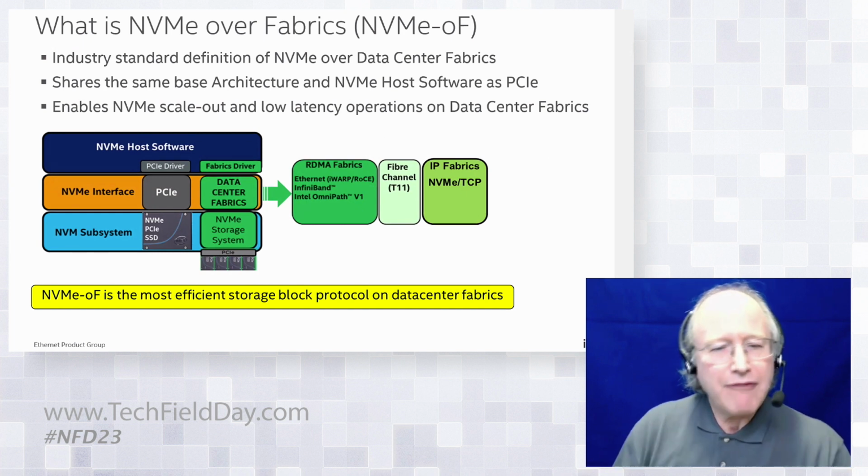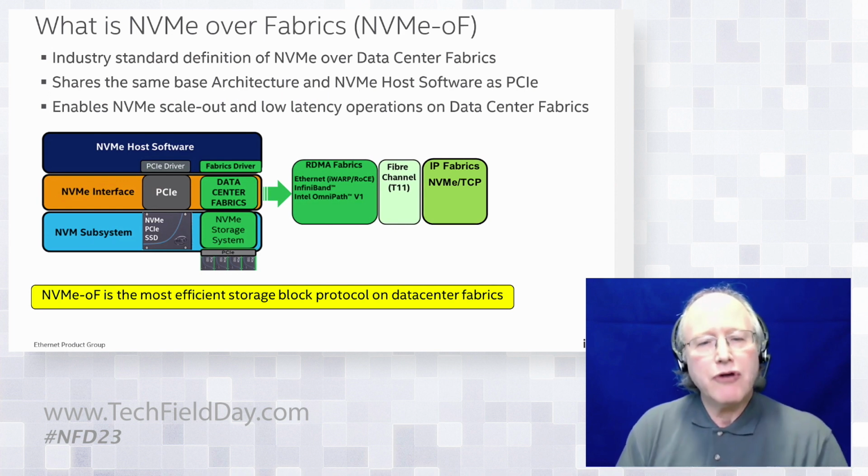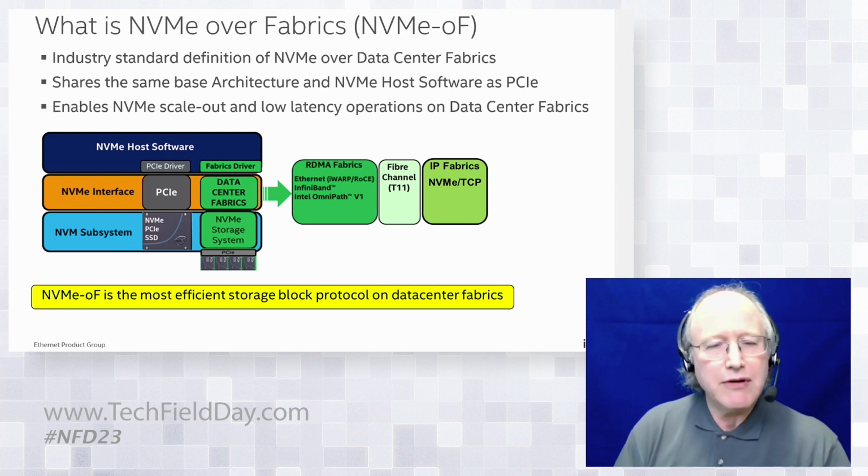So we said, okay, we have to fix this by enabling an NVMe architecture model over a range of data center fabrics. What we started with first was RDMA, a natural thing to start with because it was high performance and had a multi-queue interface.